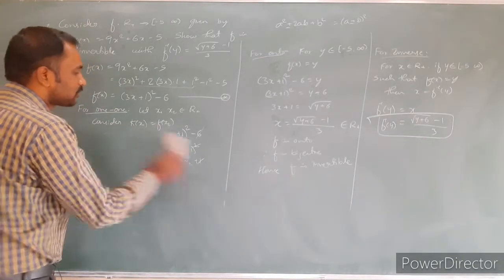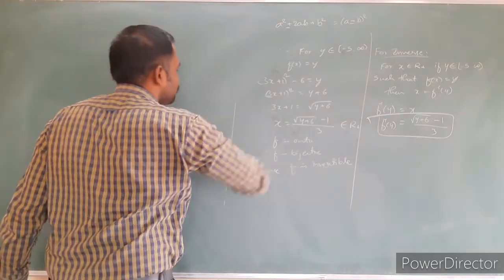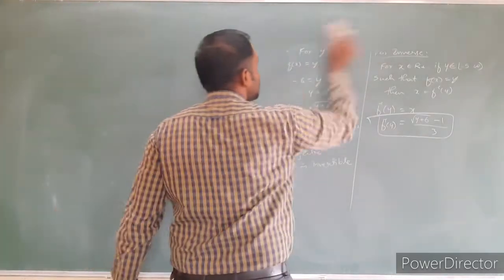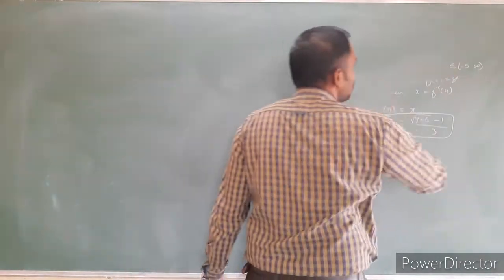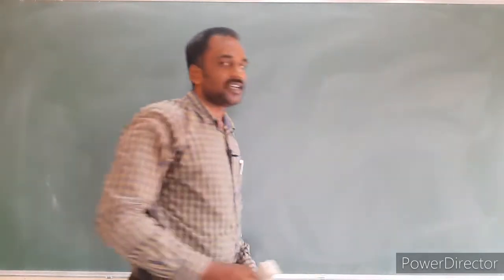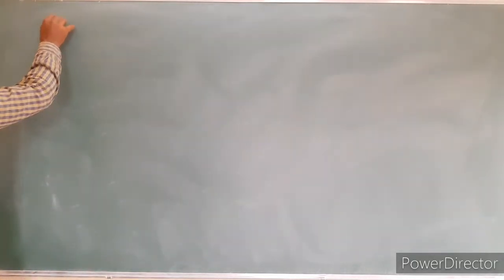Okay, now let's move to the next example. Very simple, just practice it. Understand one problem clearly, and for all the remaining problems you can apply the same method. Only the function value is changing.